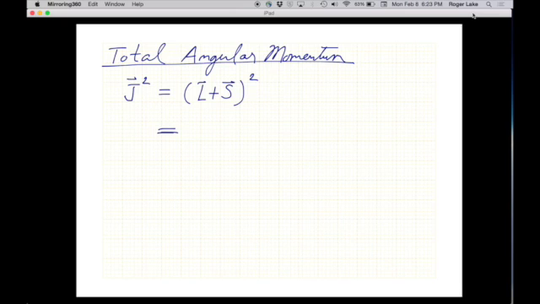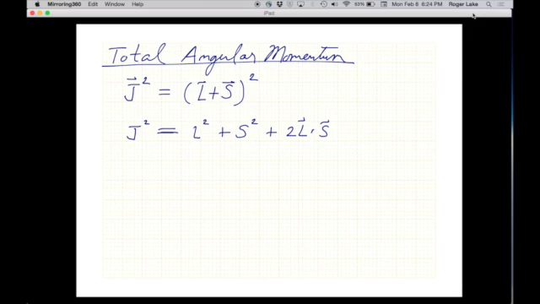The squared means magnitude squared. And to get the magnitude squared of any vector, you just take the dot product with itself. And so if I take the dot product of L plus S with itself, I'm going to get L squared plus S squared plus 2L dot S. Right? So this is J squared. So this is the relationship between the total angular momentum and L and S.